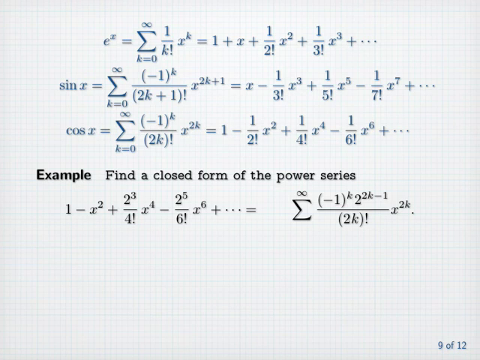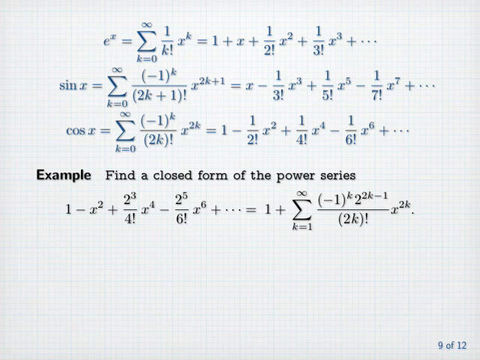So let's write the series as 1 plus the sum from k equals 1 to infinity of minus 1 to the k times 2 to the 2k minus 1 divided by 2k factorial times x to the 2k. The kth term of that sum is clearly similar to the kth term of the series for cosine.